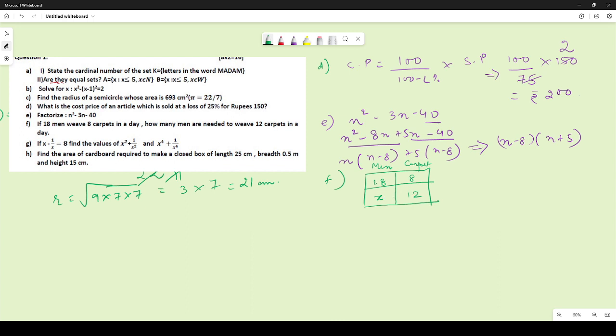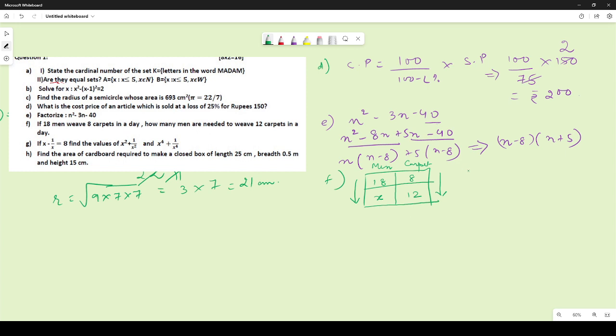Now you remember the arrow method, and then I will show it to you in the other method as well. तो arrow method में हम जानते हैं हमेशा arrow points towards x. So now if the number of carpets has increased, this means the number of men will also increase. So that means this is direct variation.